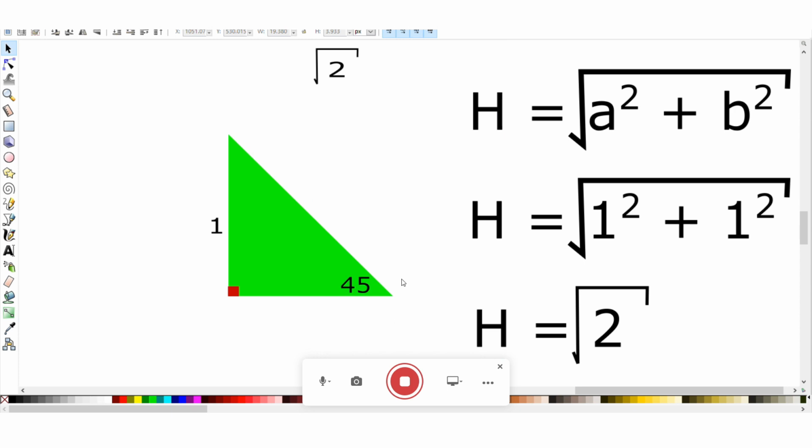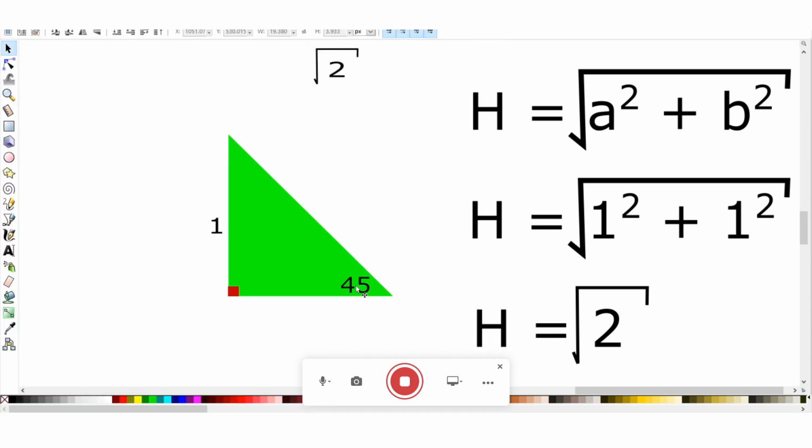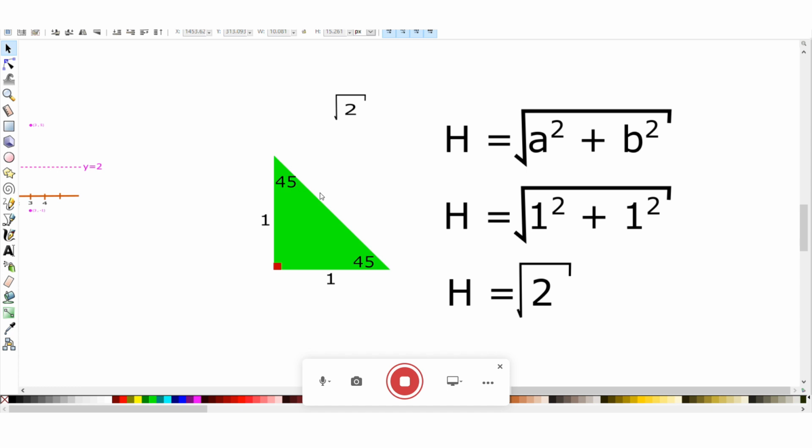Yes. So, in this question here, it may not be obvious, but this is actually an isosceles triangle. Because if here's 45, 45 plus 90 subtracted from 180 will give us another 45 degrees. So that means here's 45 degrees. So this is actually an isosceles triangle. So if here's 1 unit, over here's also 1 unit. But you notice the length of the hypotenuse is missing.